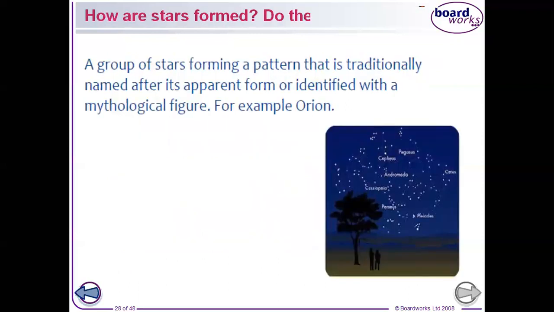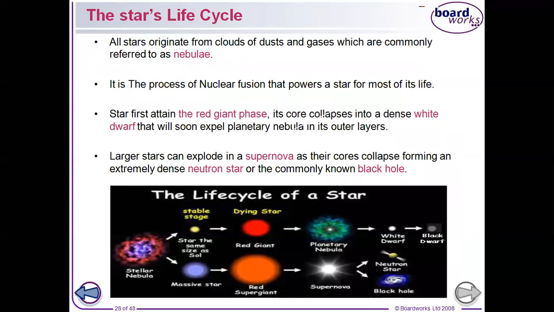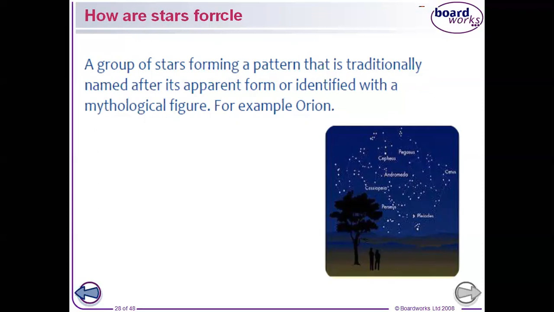A constellation is a group of stars forming a pattern that is traditionally named after its apparent form or identified with a mythological figure. For example, Orion.